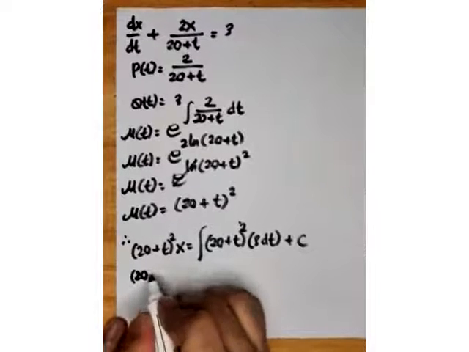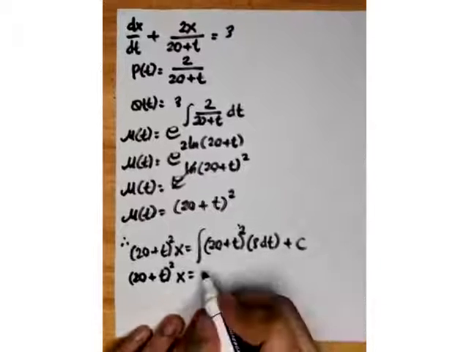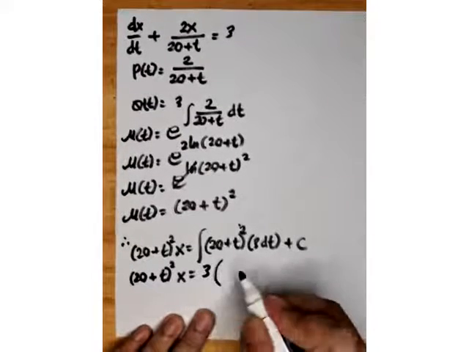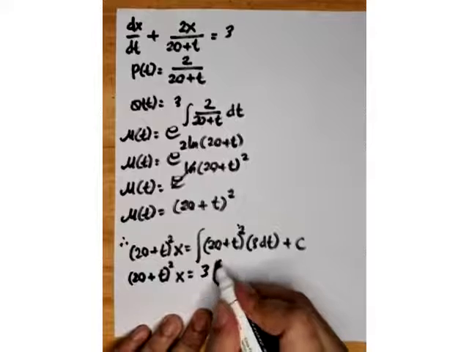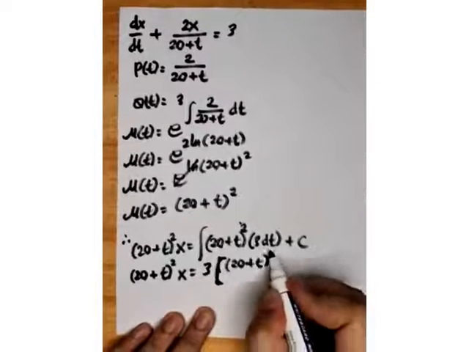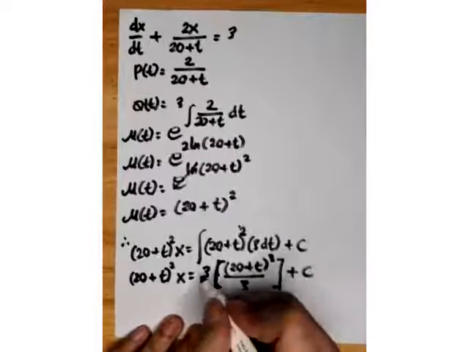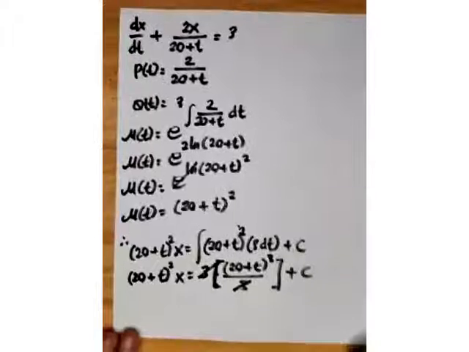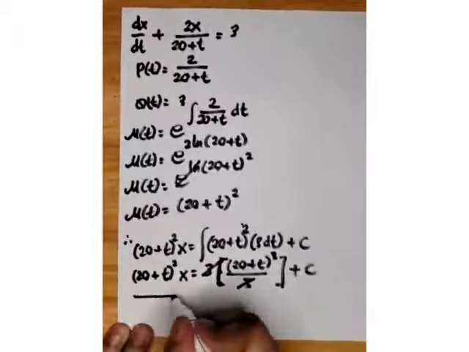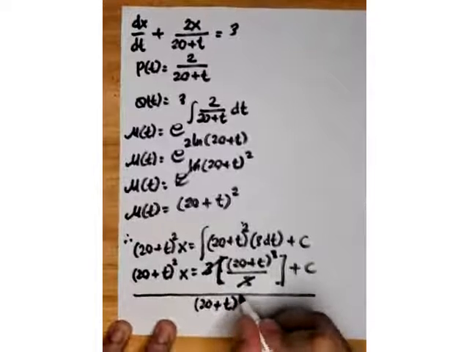So, 20 plus t squared x is equal to 3 times, ayan, 20 plus t cubed over 3 plus c. Cancel. And then, i-divide na natin to na 20 plus t squared.